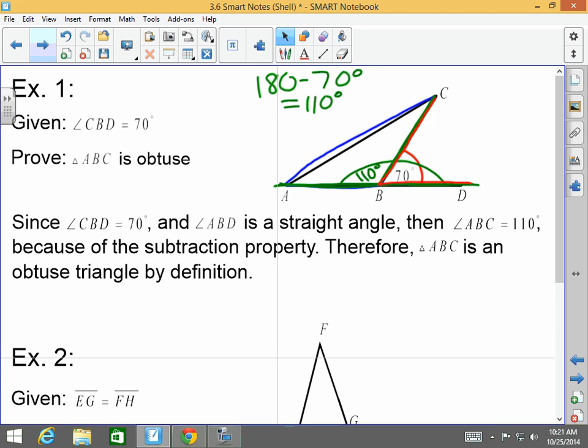Therefore, triangle ABC is an obtuse triangle by definition. Why? Because it has one angle that is obtuse. Okay. Hopefully that makes sense.